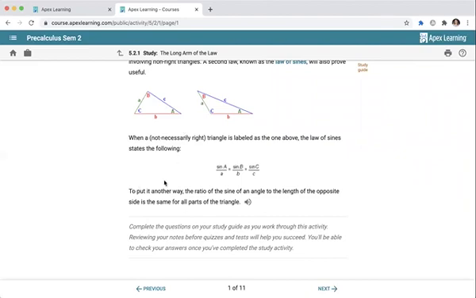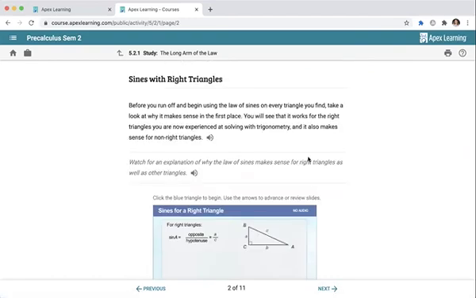To put it another way, the ratio of the sine of the angle to the length of the opposite side is the same for all parts of the triangle, right? So there is a ratio between the sine of an angle and its corresponding length, and that's going to be equal for all angles and sides. So that's what it's going to say here.